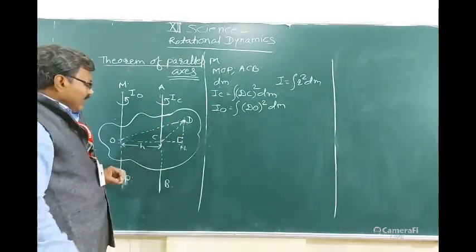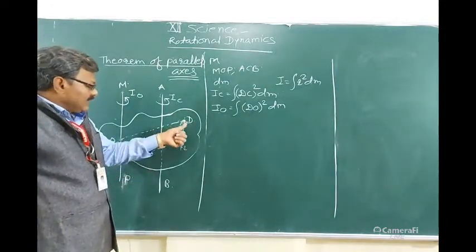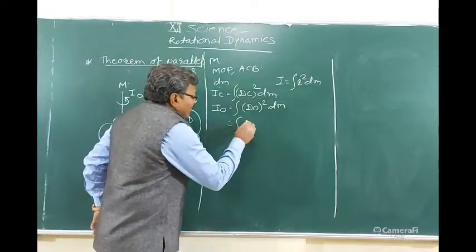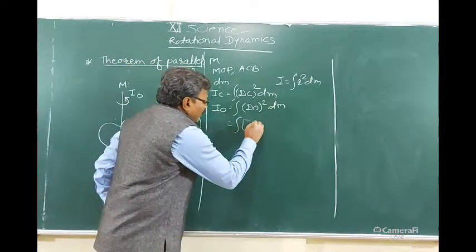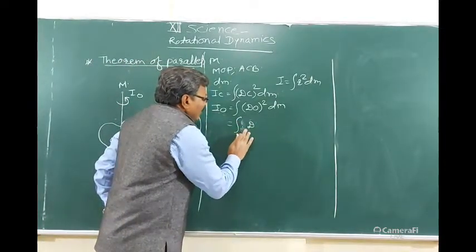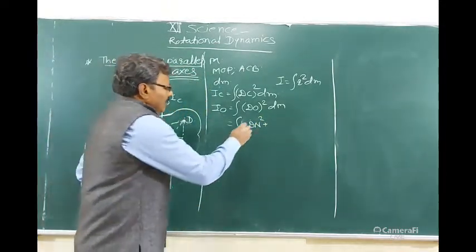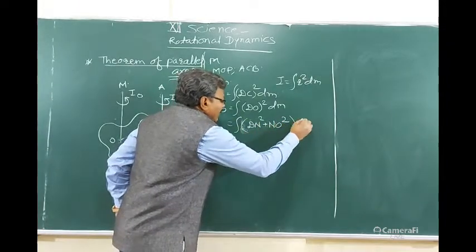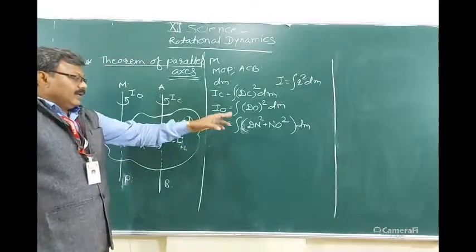For this DO, we can apply the Pythagoras theorem, that is DN square plus NO square. We can write this as the integration of DN square plus NO square into dm.